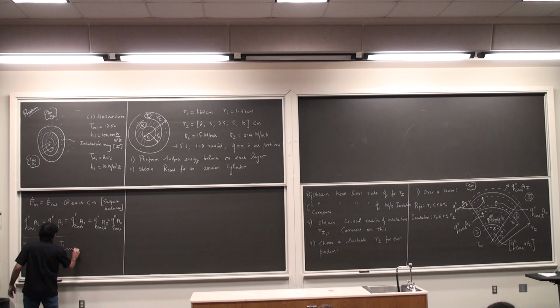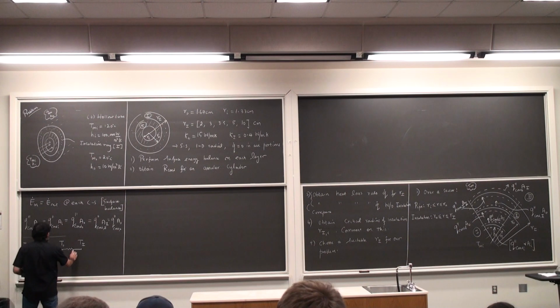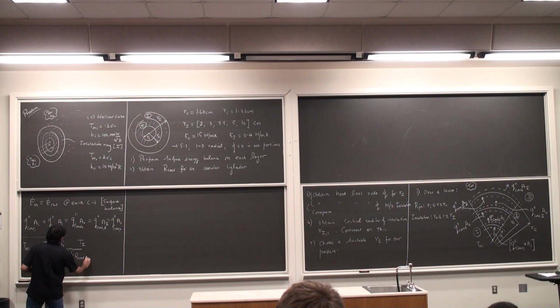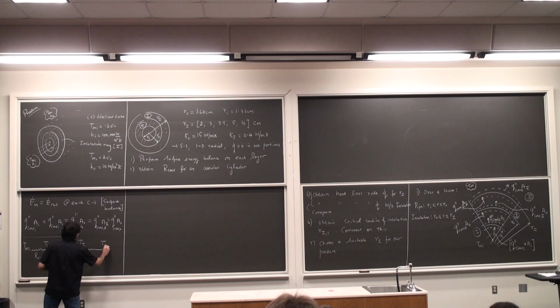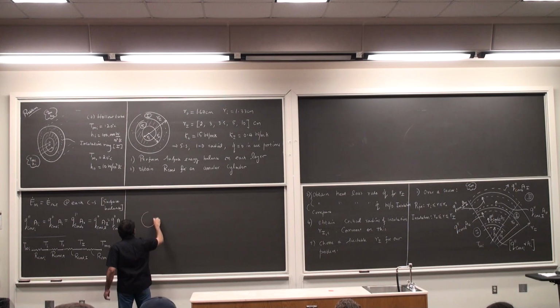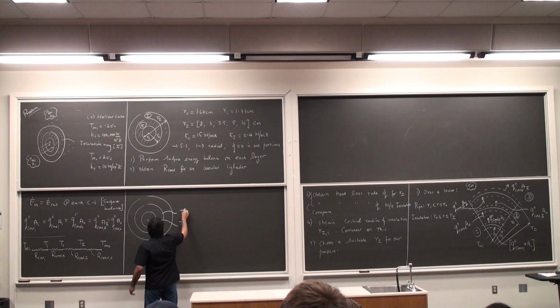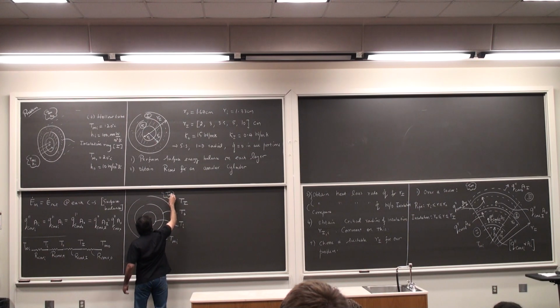Then from T naught to T capital I, which is the temperature at the outermost layer of the insulation ring, I'm going to have an R conduction, capital I, and then T infinity naught, convection O. And just to be clear what temperatures I'm referring to: this is T_i, T infinity I, T naught, capital T_I, T infinity naught.